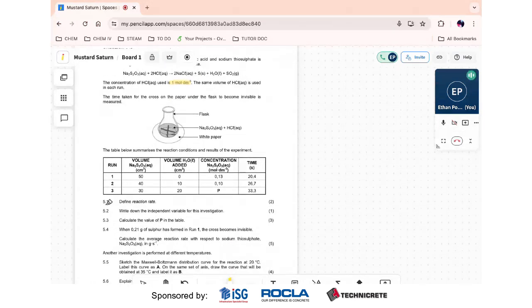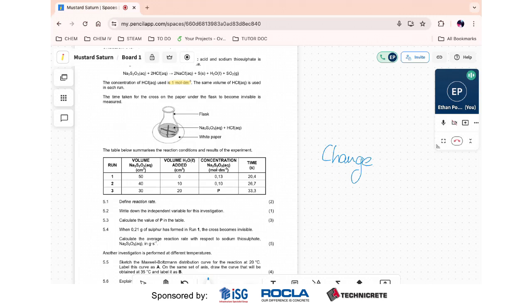Okay, so getting into the questions, define reaction rate. So there's a couple of ways to say this, but what's important is that you talk about a change in either concentration, amount of matter, so moles, volume, mass. Any of those variables can be used to measure a reaction rate, but what's important is change.